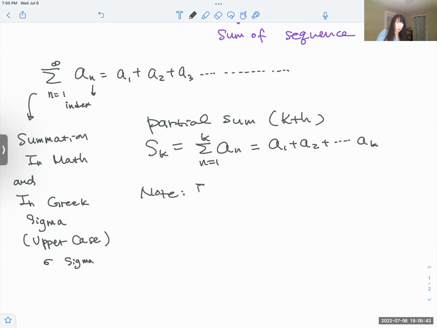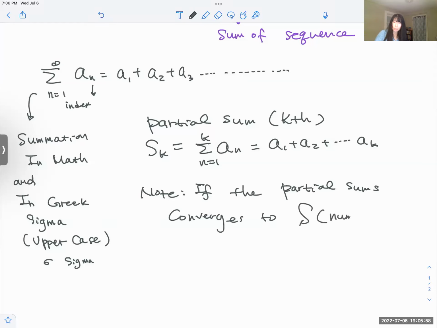Note, if the partial sums converge to S, a number, okay? Then the whole series from 1 to infinity, which is a sub n, equal to S, also converges, okay?